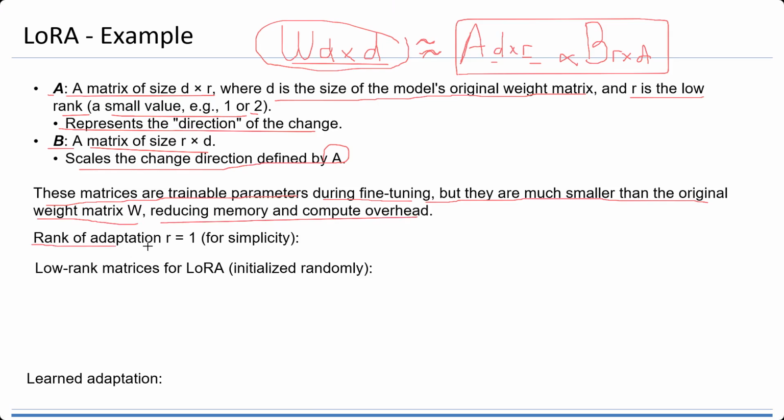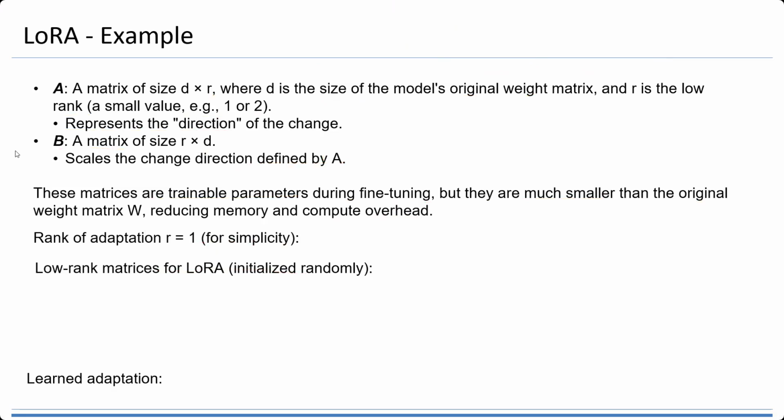Now let's suppose we have the rank of adaptation R equal to 1. This is just for simplicity. And let's say the low rank matrices for LoRA are initialized randomly. So A is 0.2, minus 0.1 and B is 0.5, minus 0.3.